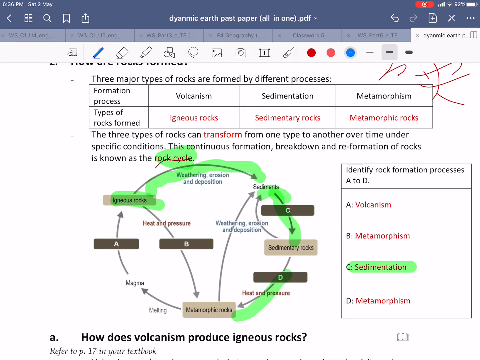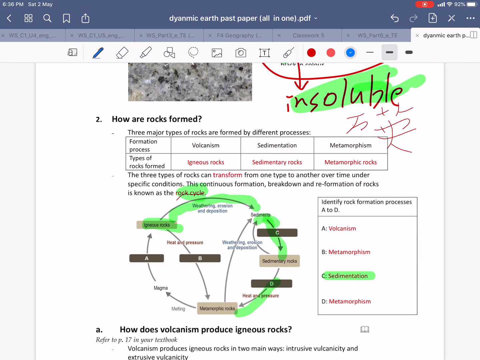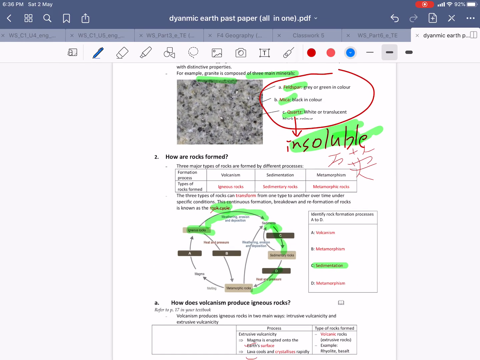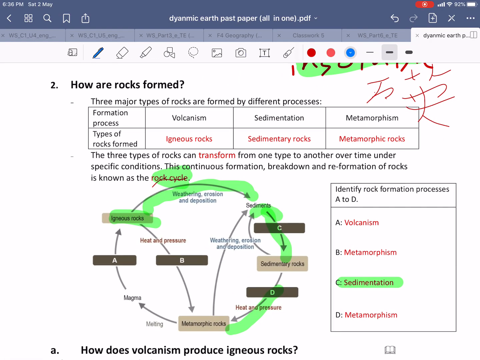But generally, I suggest you have a more detailed explanation, because I think the rock cycle is a kind of easy topic inside the dynamic earth. You won't prefer those topics like landslides. So this one is the simplified rock cycle.